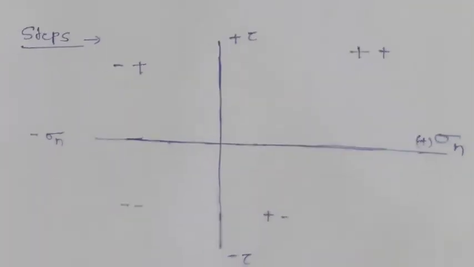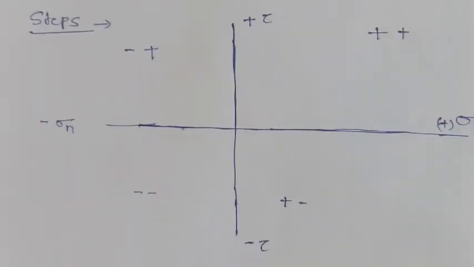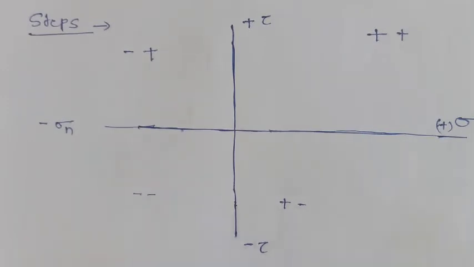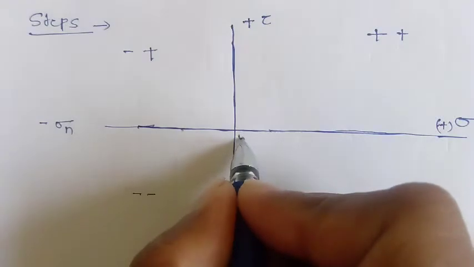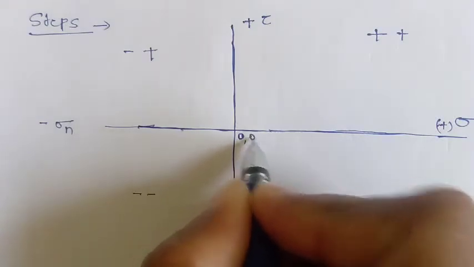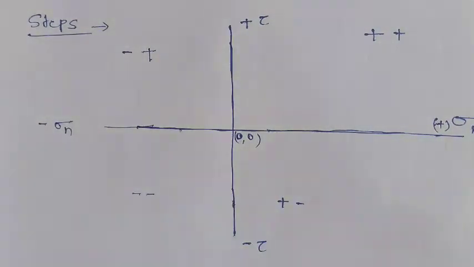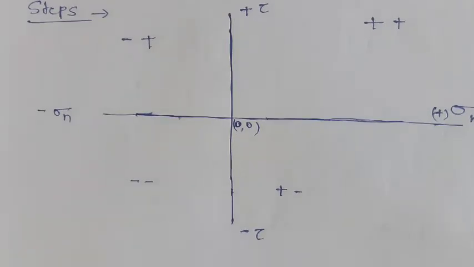So this is the coordinate system where we represent the normal stress and the shear stress to construct a Mohr circle. The Mohr circle is always constructed in these two axes, where the x-axis denotes the normal stress and the y-axis denotes shear stress. This will be our reference or origin to construct the Mohr circle.